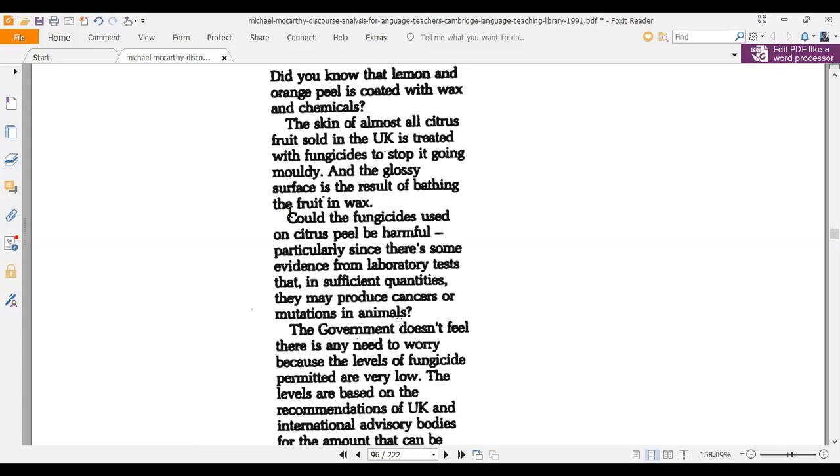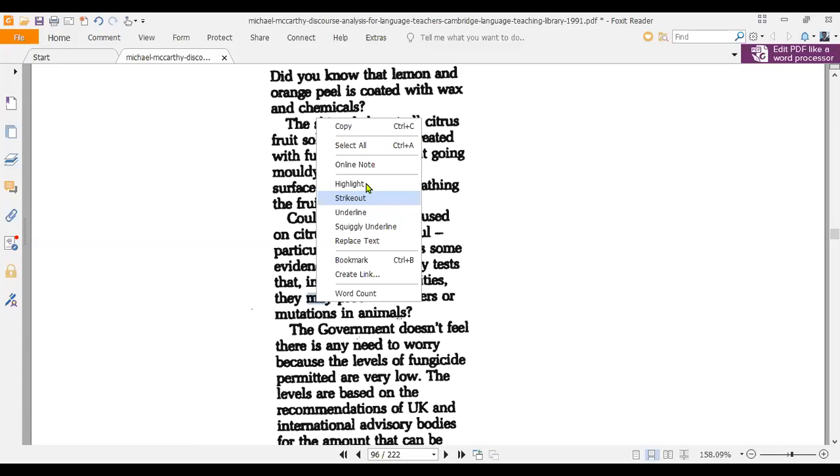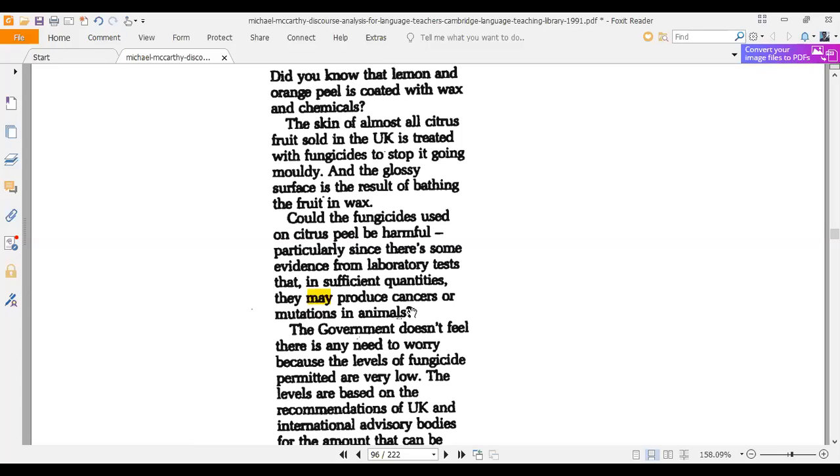"Could" is used here. Could the fungicides used on citrus peel be harmful? Particularly, since there is some evidence from laboratory tests that in sufficient quantities they may, here "may" is also used, produce cancers or mutations in animals.